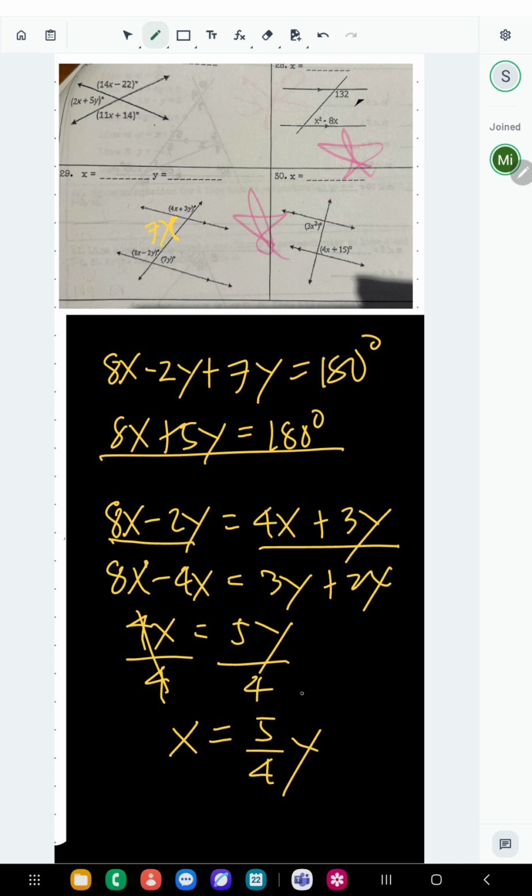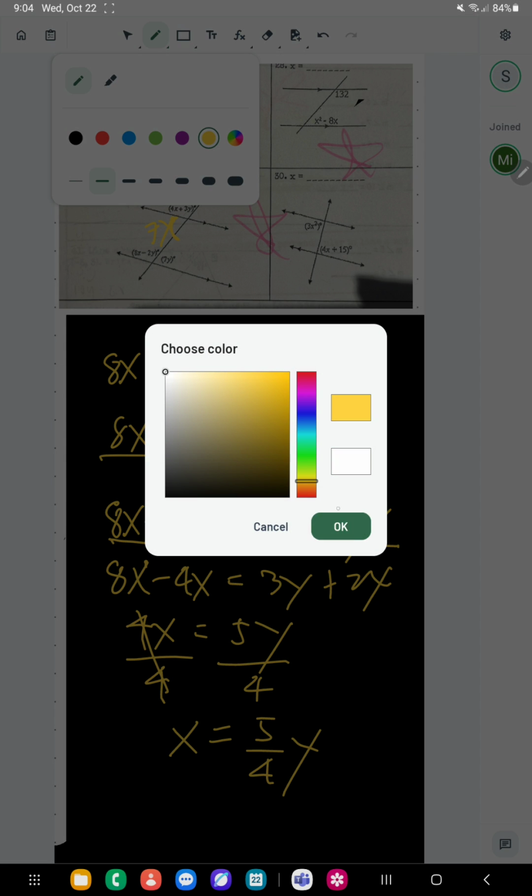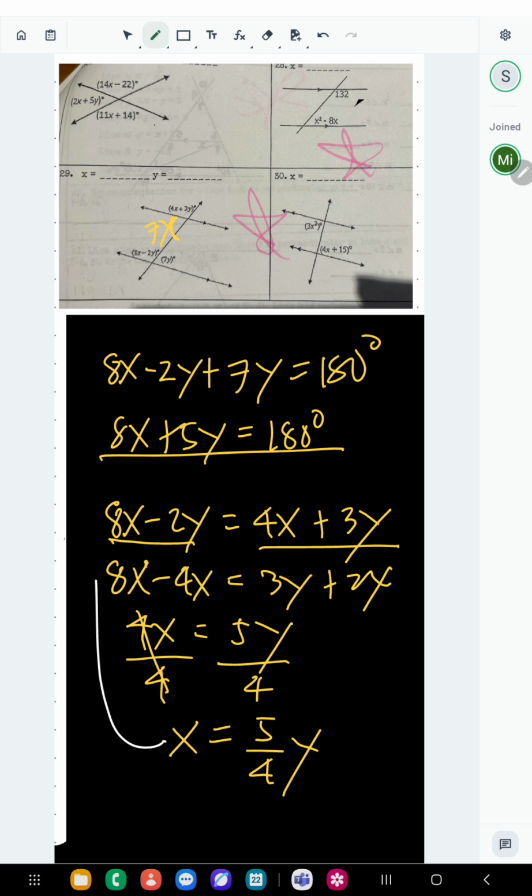Then we can plug in the value of x to the first equation. It's just like solving a system of equations. We plug in that one here. So if we plug that in, 8 times 5 over 4 y plus 5y equals 180 degrees.